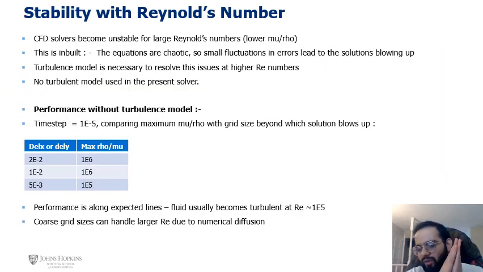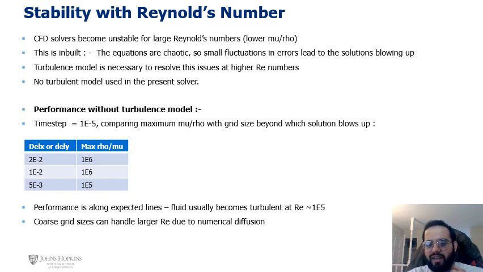So moving on and talking about the same topic, stability with respect to Reynolds number. As I mentioned in the previous slide, stability with Reynolds number is a very important parameter in CFD applications. That is because the equations themselves, the Navier-Stokes equations for fluid dynamics, have an inbuilt instability in them.